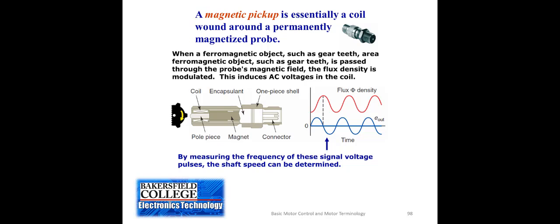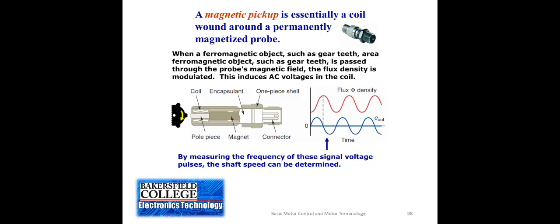Now, sometimes we can use a magnetic pickup, which basically is connected to the shaft of the motor. The pickup itself does not touch the rotating part. The rotating part actually has little teeth like a gear, and every time one of those gear teeth goes across the coil, it generates a pulse of electricity. That's kind of like the Hall effect circuit that we were talking about, except that this is a whole lot less technical.